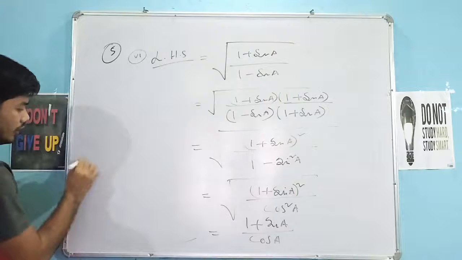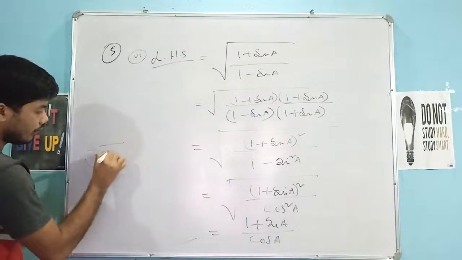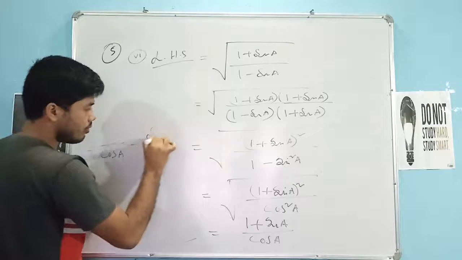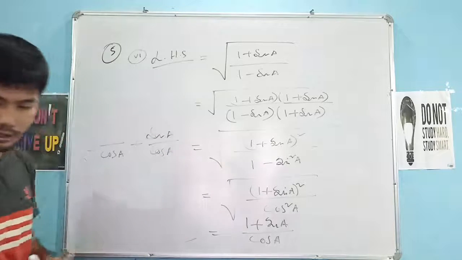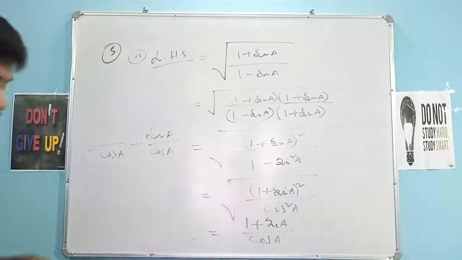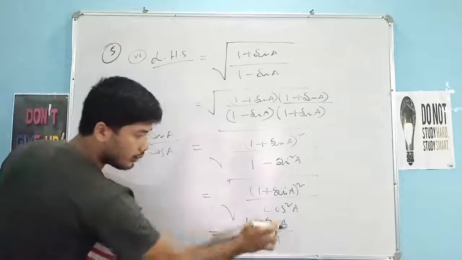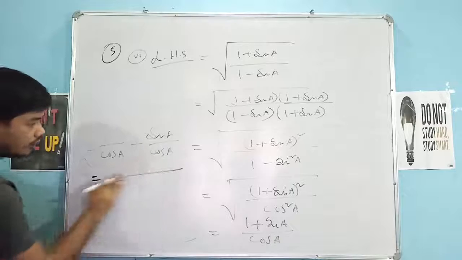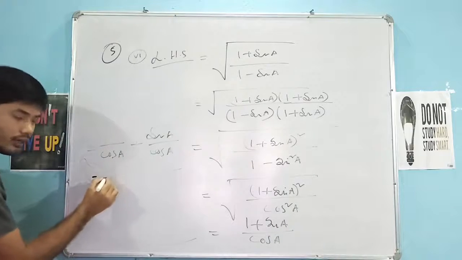So let me show it here. 1 by cos A plus sin A by cos A. Can I write it like this? Yes. We divide 1 by cos A and sin A by cos A. Okay guys, now this is 1 by cos A, that is what?